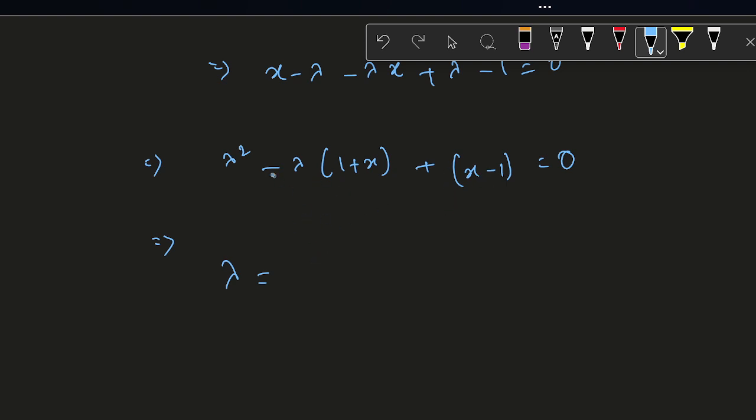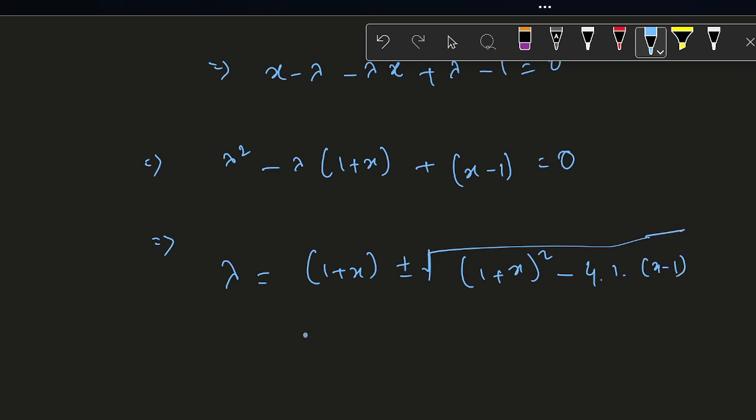So minus b means minus and minus cancels out, 1 plus x plus minus root over (1 plus x) whole square minus 4 into 1, which is a, and c is x minus 1, divided by 2a, which is 2 into 1.